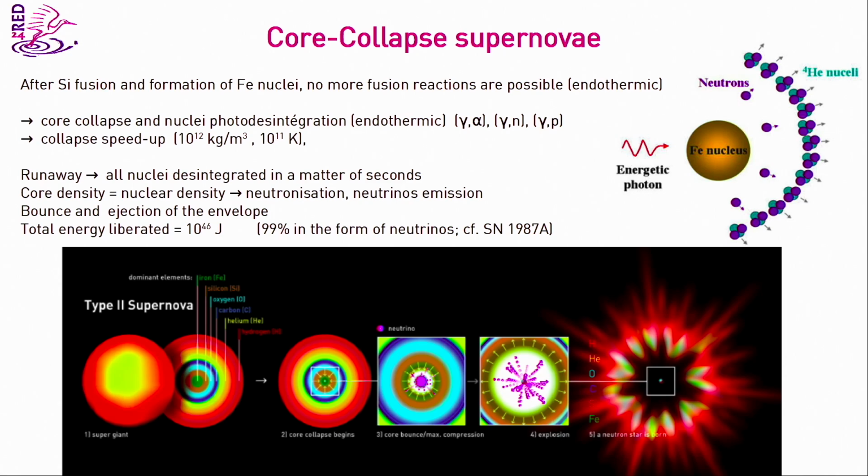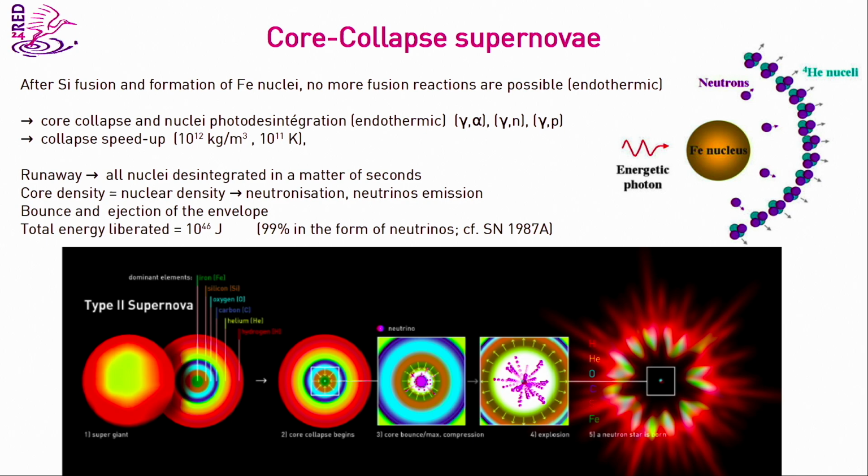For the massive stars, everything happens in another kind of Big Bang. After silicon fusion, you form iron nuclei, but they cannot fuse anymore, and you have photodisintegration of these particles, which is endothermic. So most of the energy lost in the supernova is not photons, it's neutrinos.